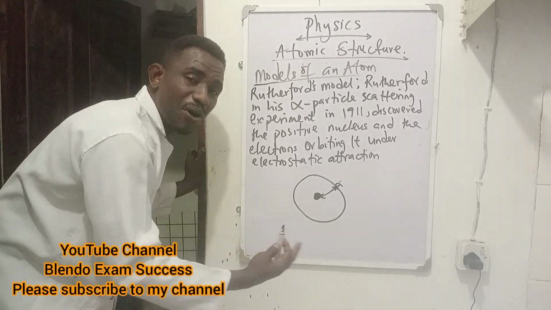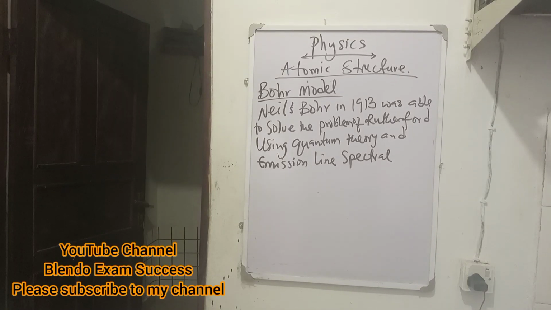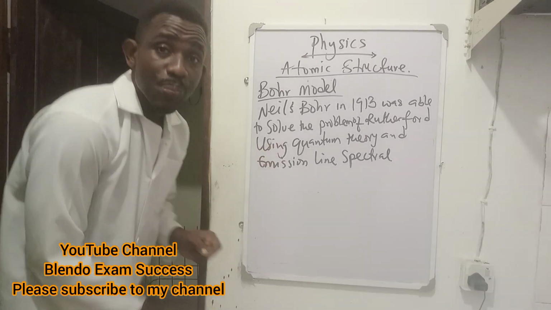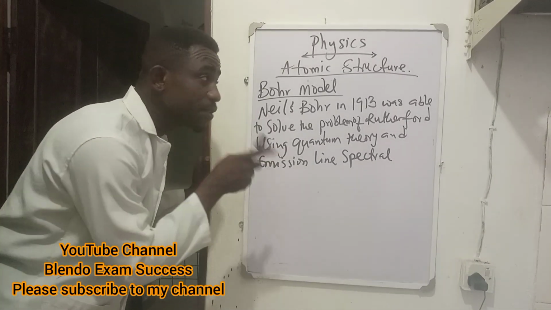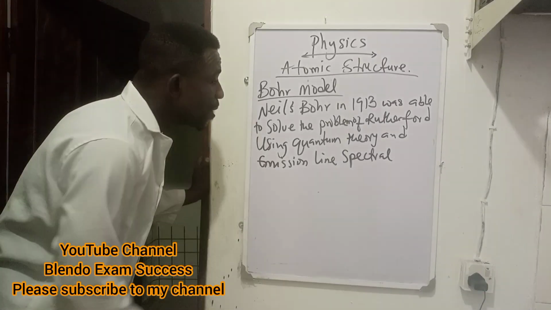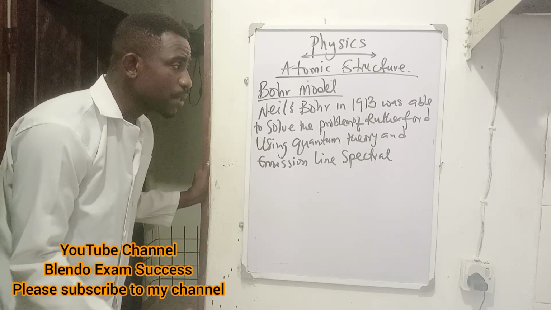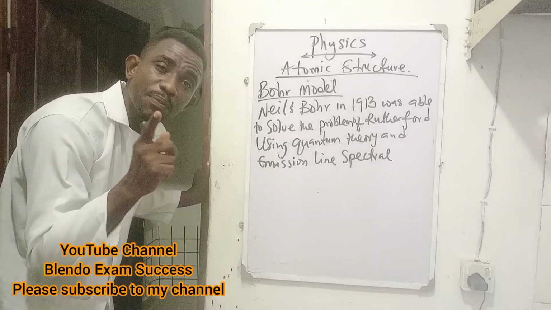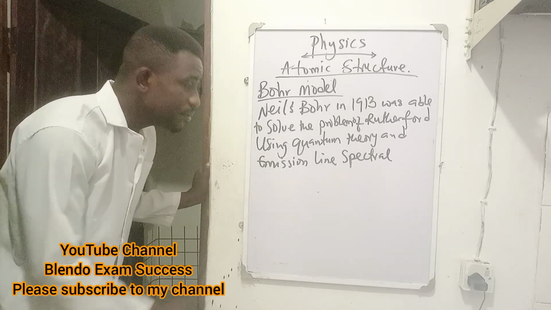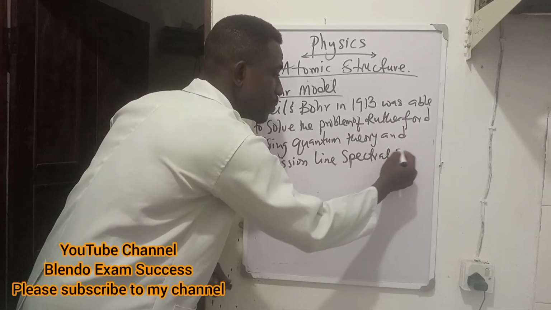So Niels Bohr solved the problems of Rutherford. Niels Bohr in 1913 was able to solve the problem of Rutherford using quantum theory and emission line spectra of the hydrogen atom.